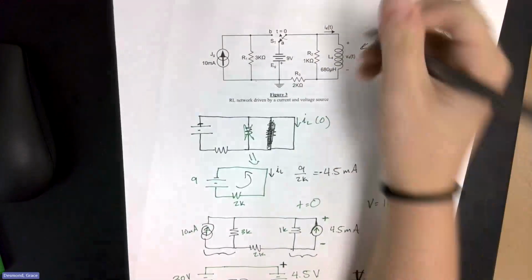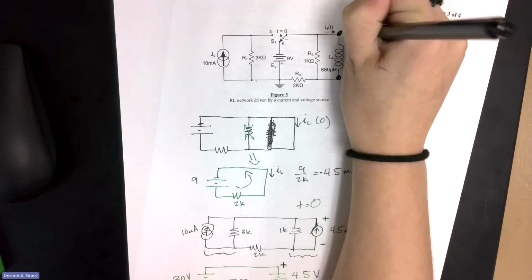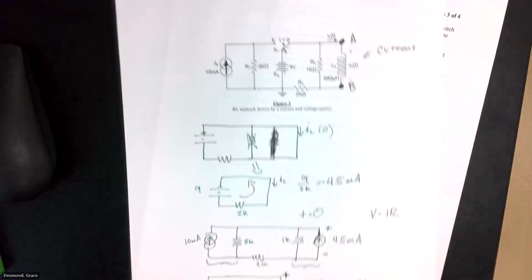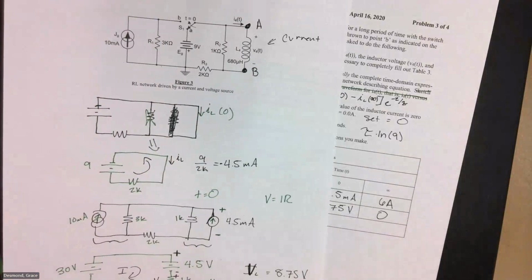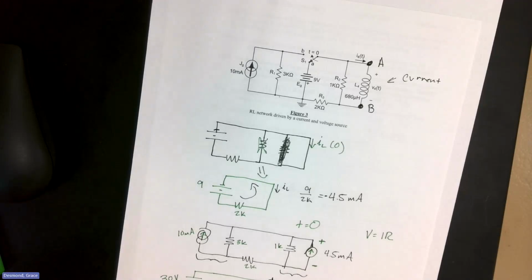We take this and make terminals A and B, and then we're gonna redraw the circuit. And also to find that, we're going to turn off all of the sources. Also, we find the equivalent resistance after the switch. You always do it after the switch flips instead of before. Does that make sense? Why?